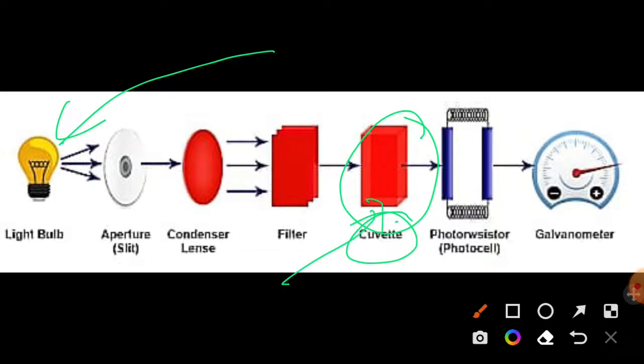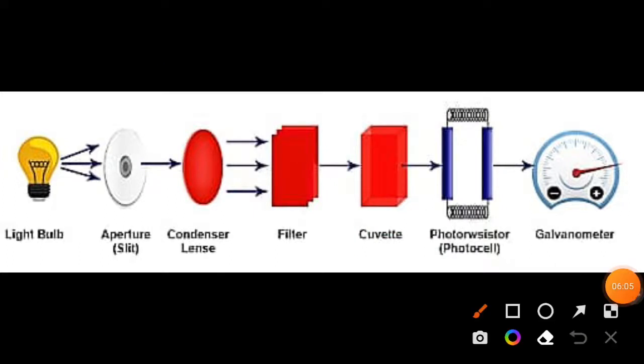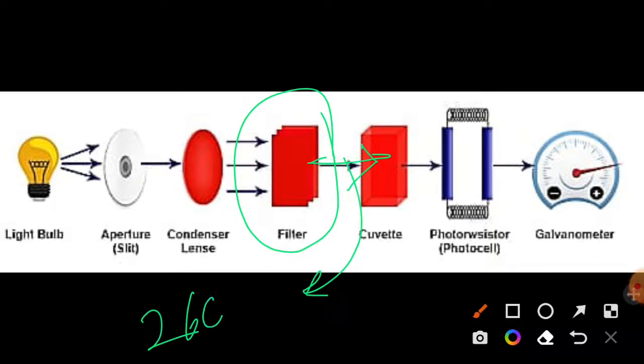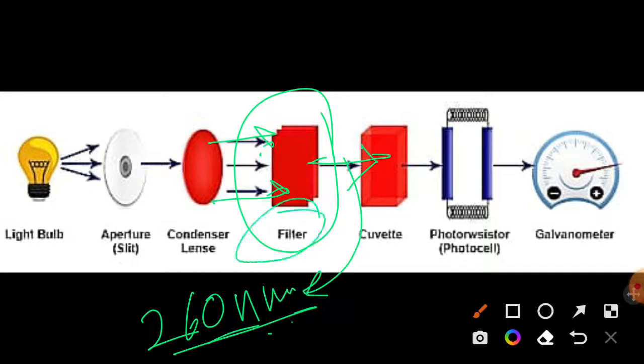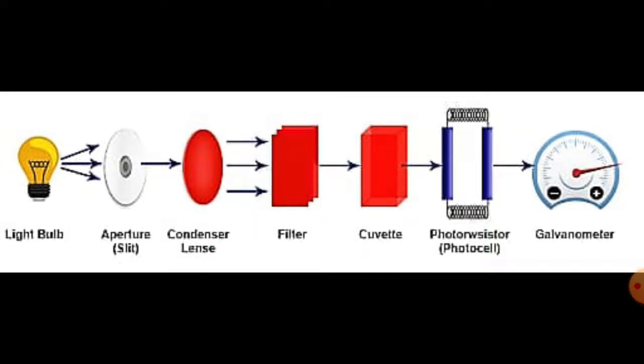We all know that the maximum absorbance of DNA is at 260 nanometer. So we will design our filter in such a way that it only allows light of 260 nanometer wavelength to pass through, and the rest of the light will be stopped by the filter. Now only light of 260 nanometer will pass through the cuvette.